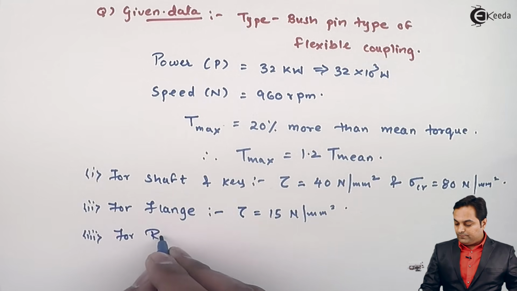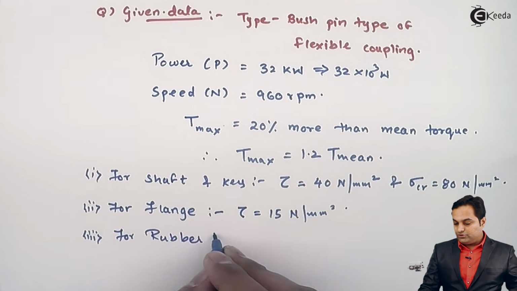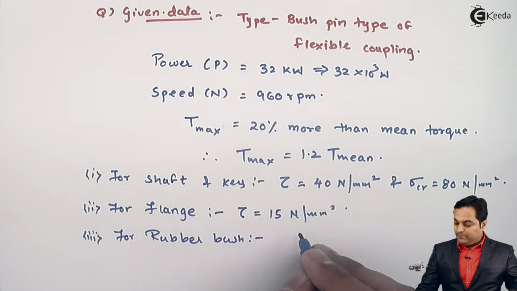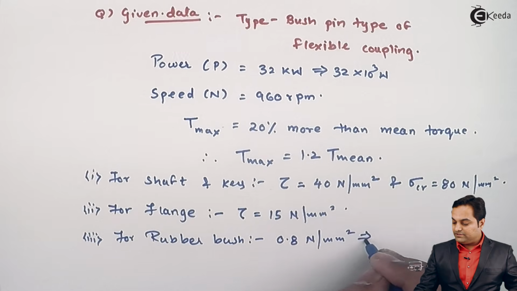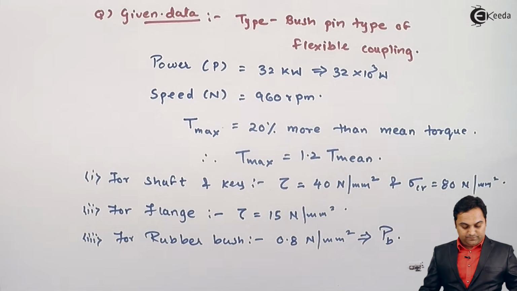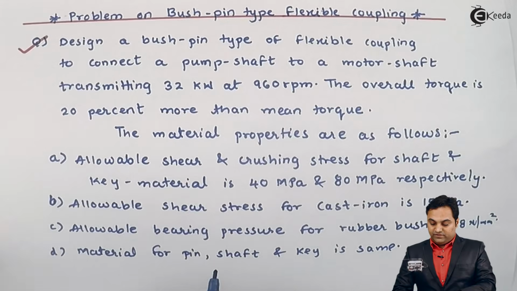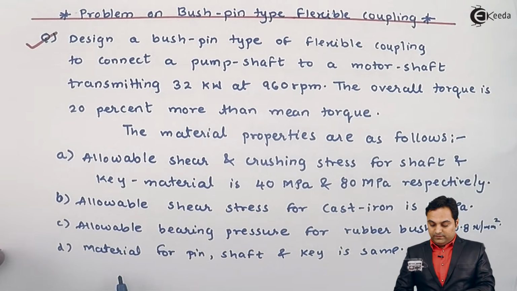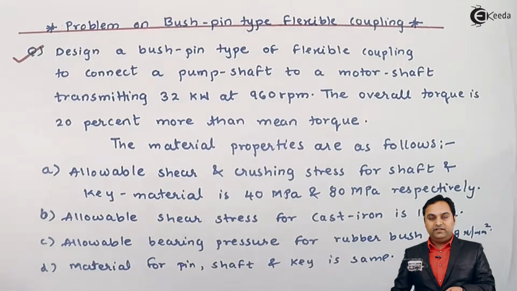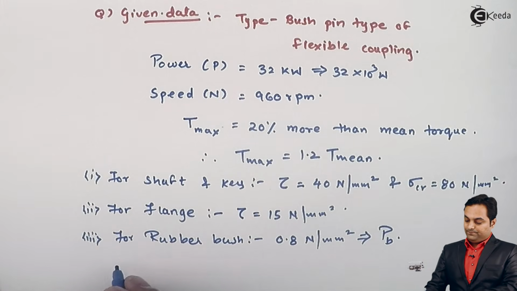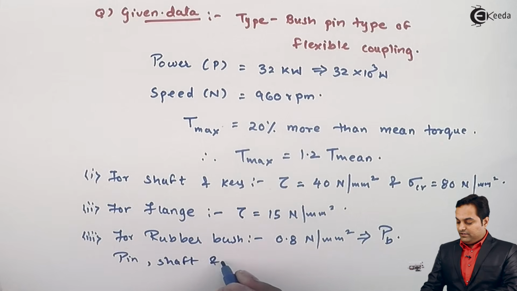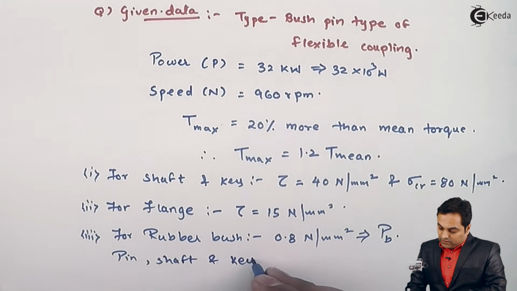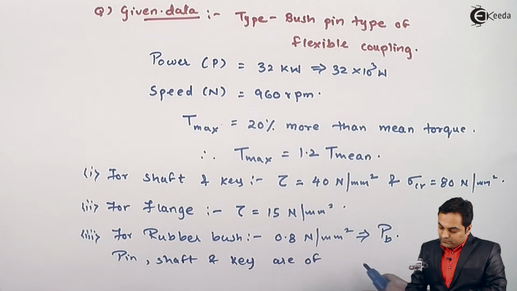So for rubber bush, the allowable bearing pressure is 0.8 Newton per mm square, that is P suffix B, the bearing pressure for rubber bush. Last, material for pin, shaft and key is same. So pin, shaft and key are of same material.